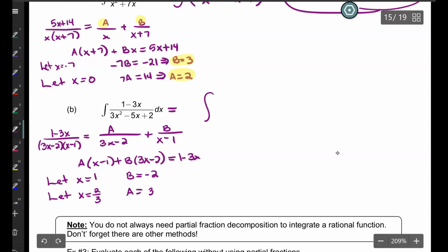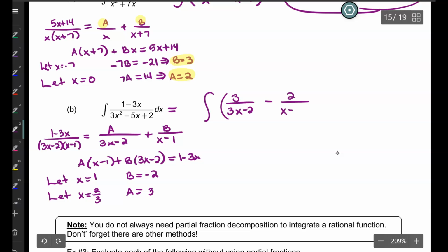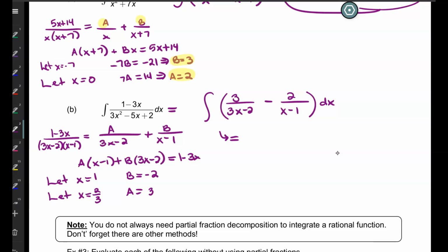So I'm going to rewrite the integral as 3 over 3x minus 2, actually I'll just write that as a minus 2 over x minus 1, and then dx. Over here, oops, so equals, now technically 3 over 3x minus 2 would need a u substitution.